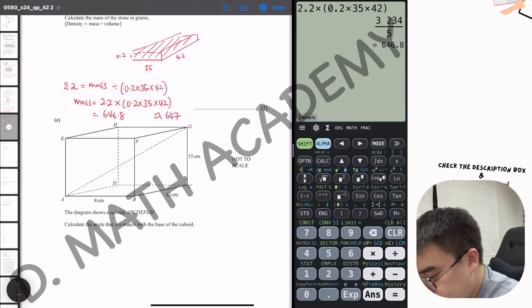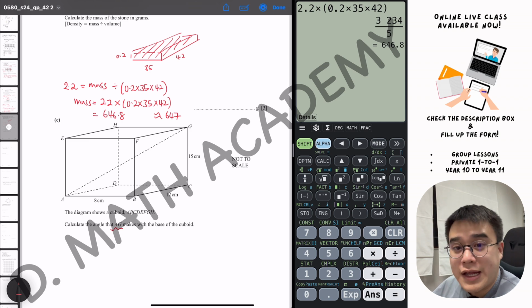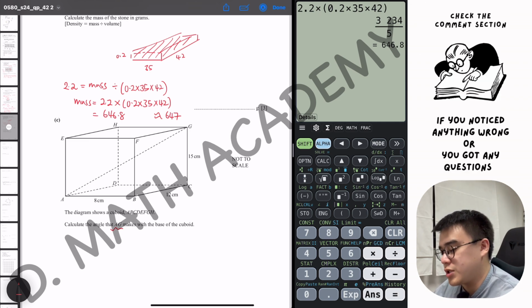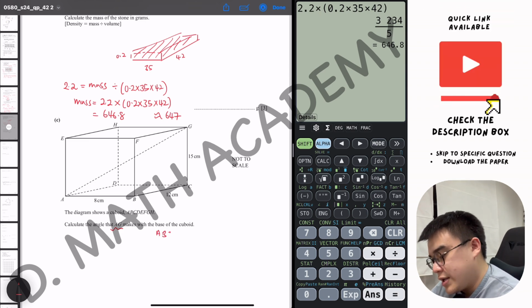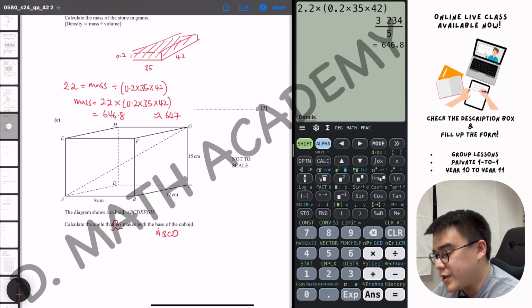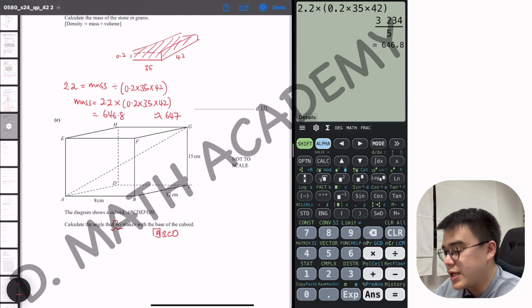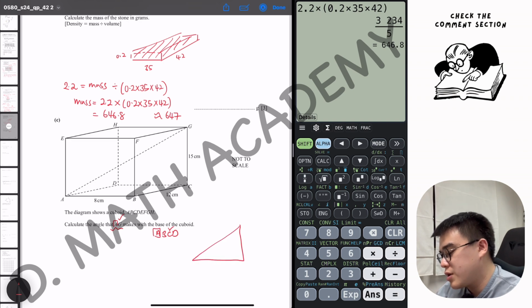AG makes with the base. If they're being nice to you, they would have mentioned the base alphabet, which is your A, B, C, D. The thing that repeated was A, and the letter directly underneath G is C. So this is a reminder on what triangle to focus on.